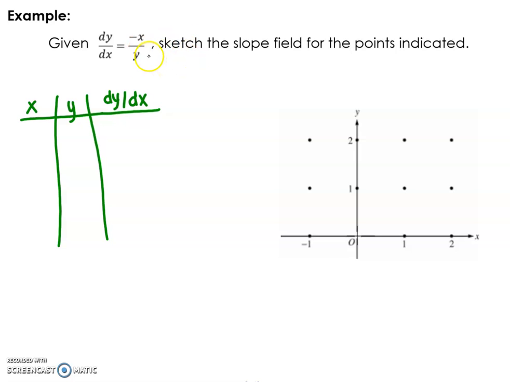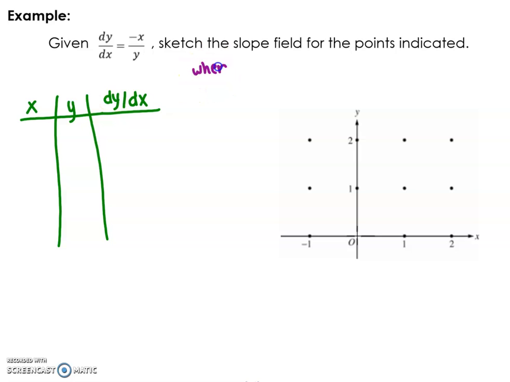By looking at this fraction, I can tell that when x is equal to 0, my dy over dx will equal 0, right? When the numerator of a fraction equals 0, the entire thing equals 0. When the denominator equals 0, that's where it's undefined. So by figuring out that information, I can already fill that in. So I'm just going to make a little note over here.